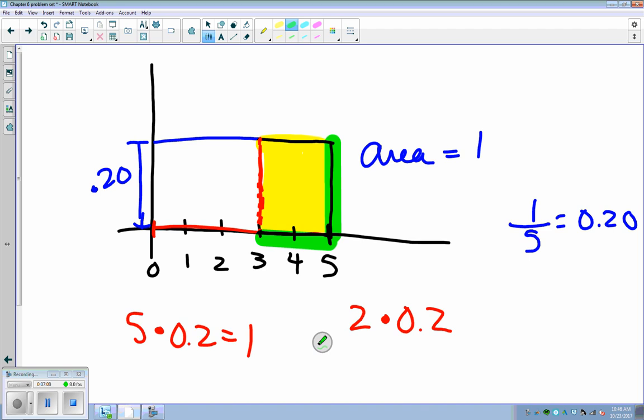The difference becomes when I ask, what's the probability of waiting 3 or more minutes? Then I have to say, okay, what's my area? Uniform distribution.